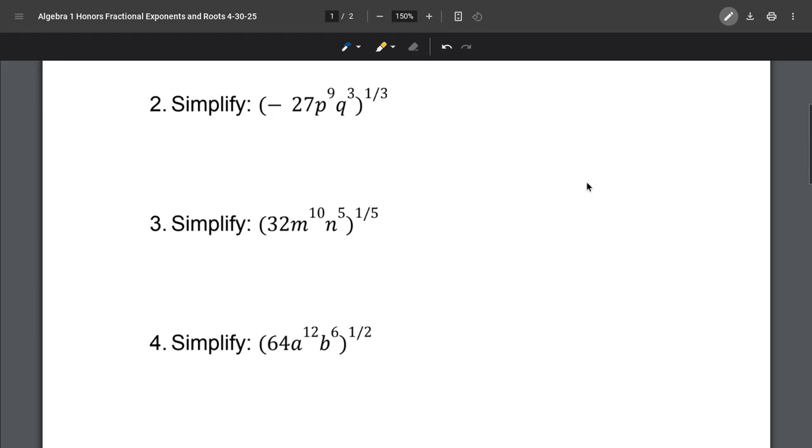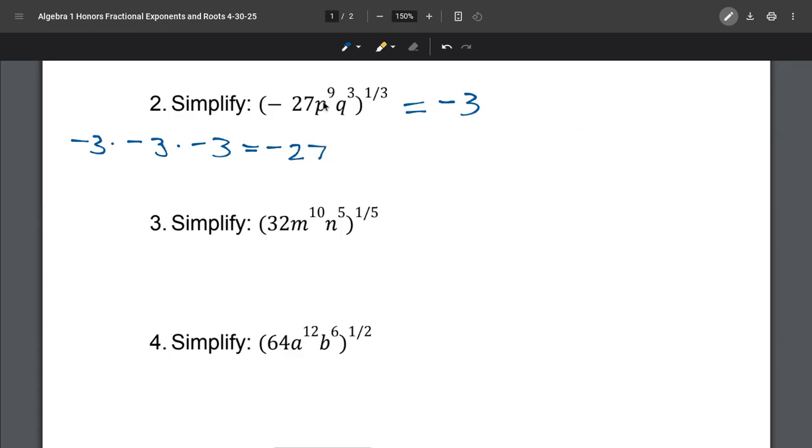All right, our next problem, we're raising it to the 1/3 power, which is like the cube root. So we're taking the cube root of negative 27 p to the 9th q cubed. The cube root of negative 27 is negative 3, because if you multiply negative 3 by negative 3 by negative 3, you're going to get negative 27.